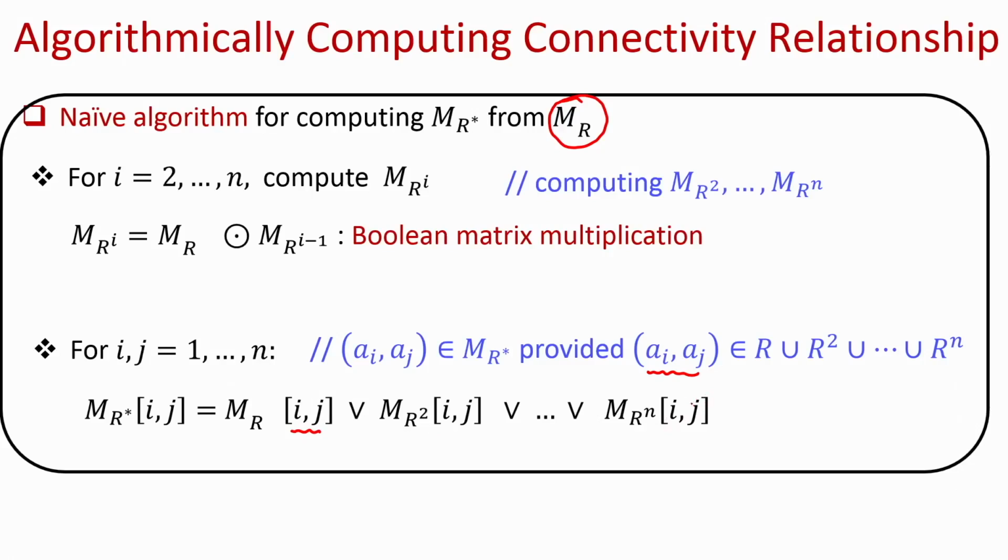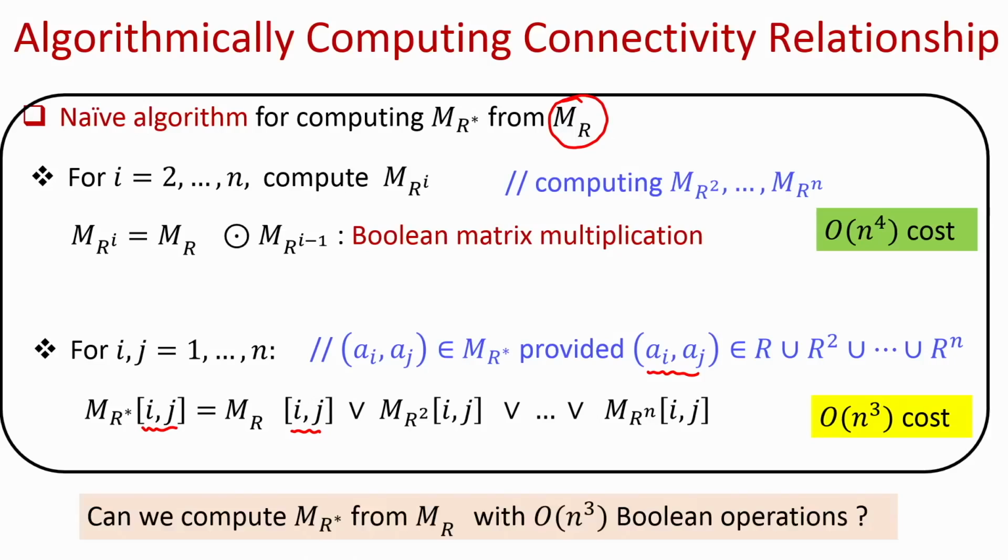So, I just have to perform a disjunction of n Boolean entries to find out the status of (Ai, Aj) in the matrix of R star. It turns out that the first operation, namely computing the matrices of the different powers, will cost me O of n power 4 effort, whereas computing the final matrix of R star will cost me order of n cube Boolean operations.